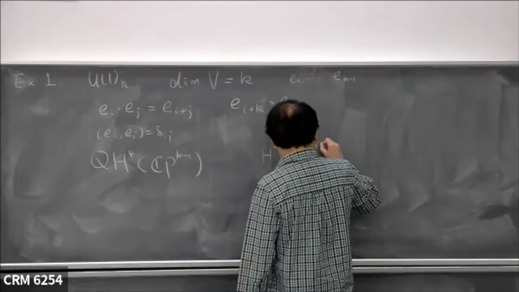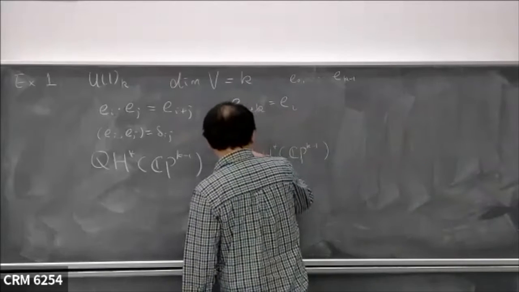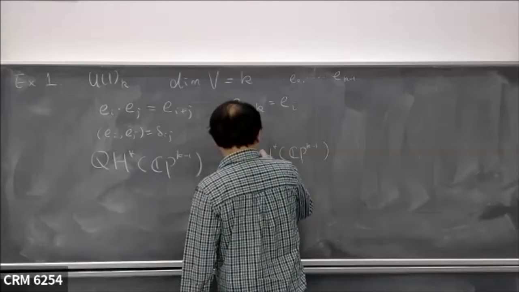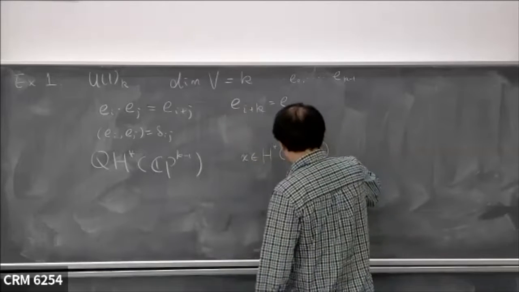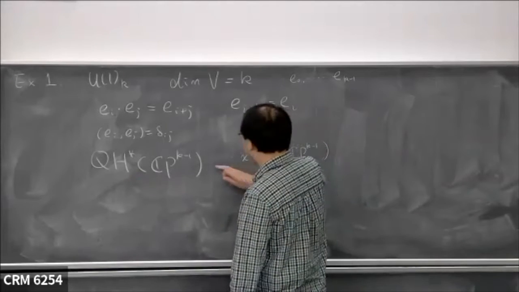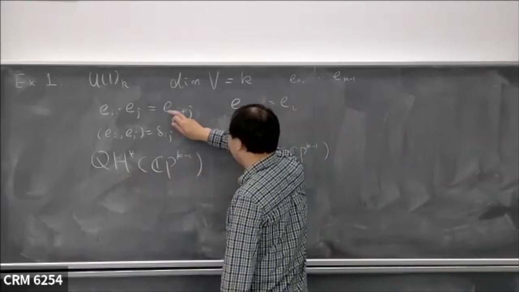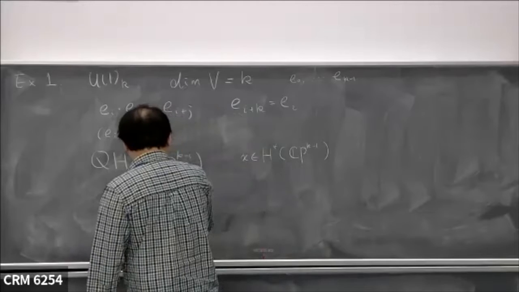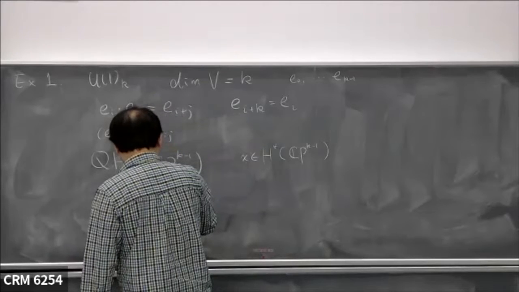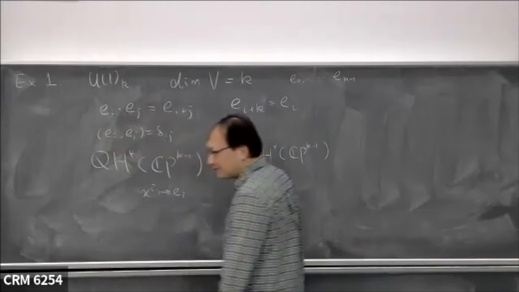So we know that this is indeed K-dimensional, and then there is going to be a generator X in degree 2, and that also generates this. And to get an isomorphism between this quantum cohomology and the Verlinde algebra, you just have to send X to the e_i.